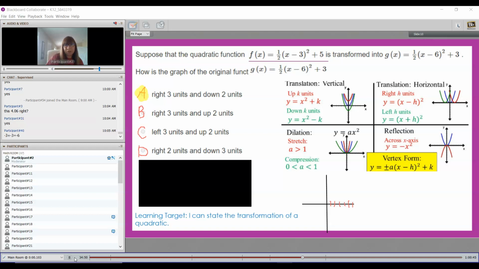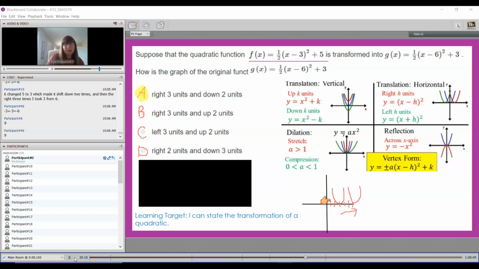If our original graph was at -3, so that means we were to the right 3, how would we get to that -6? How would it shift over here? We went 3 to the right, but we know that that's -3, right? Because those signs are opposite. Yep, -3 plus -3 gives us a -6.